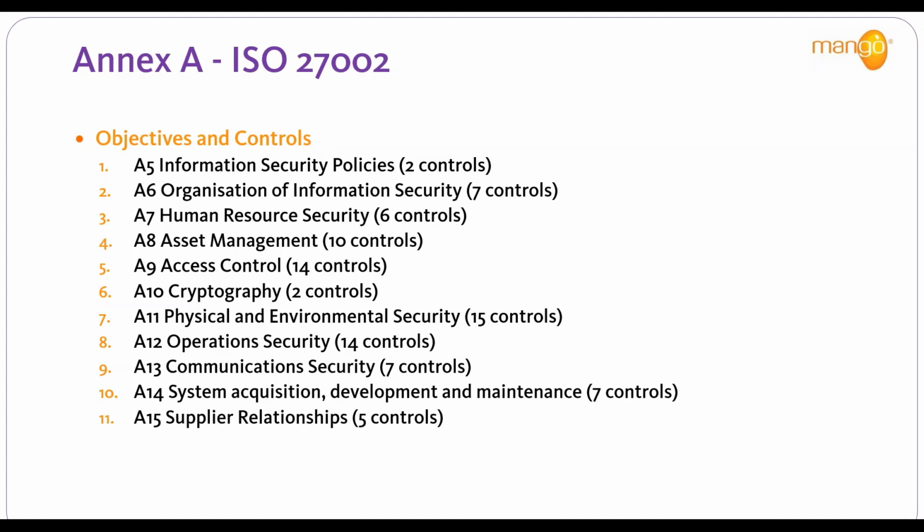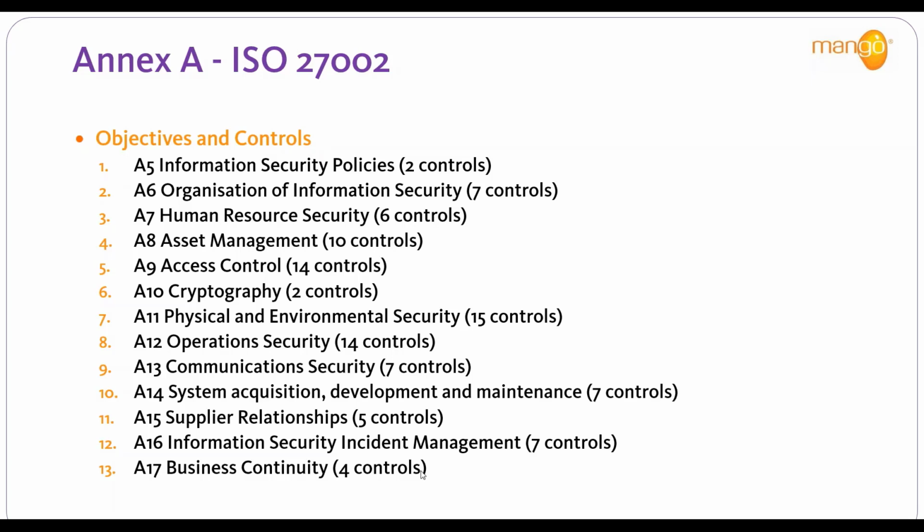So the next one, supplier relationships. This is making sure you've got agreements in place with contracts with all your third parties, and make sure that those agreements are all being monitored. Incident management, this is how do you report any disruptions and breaches, and then who's responsible for notifying whoever for those things.